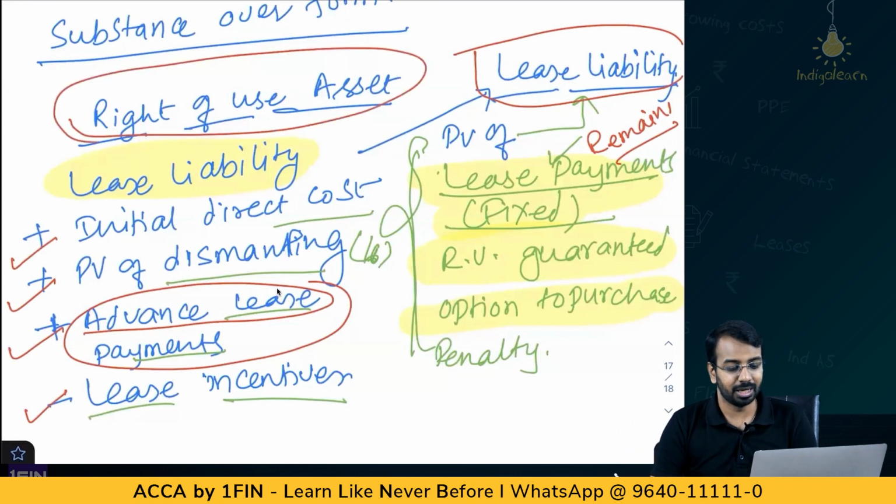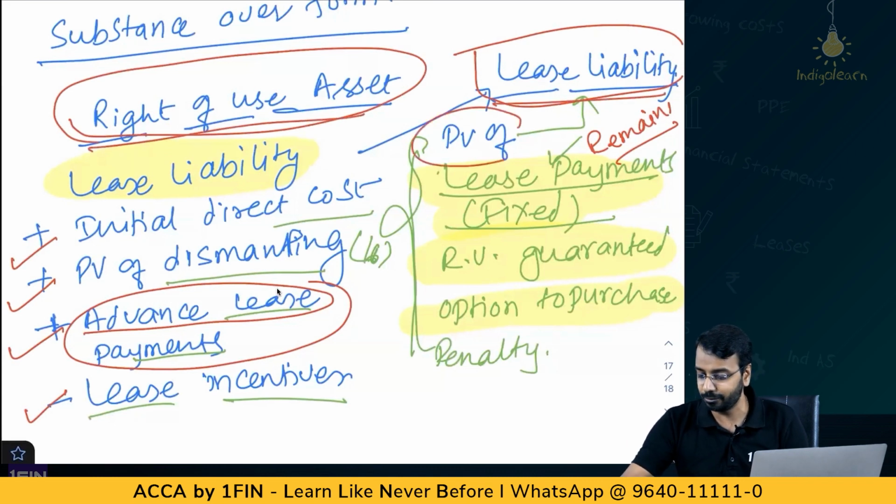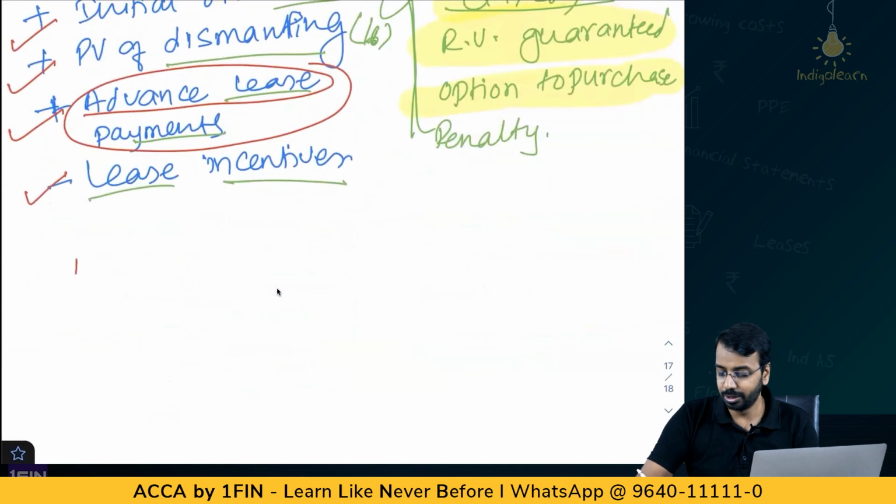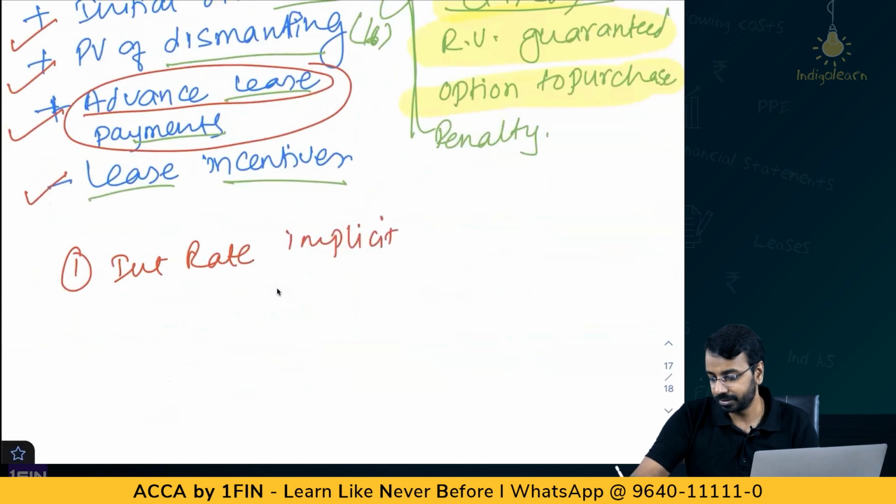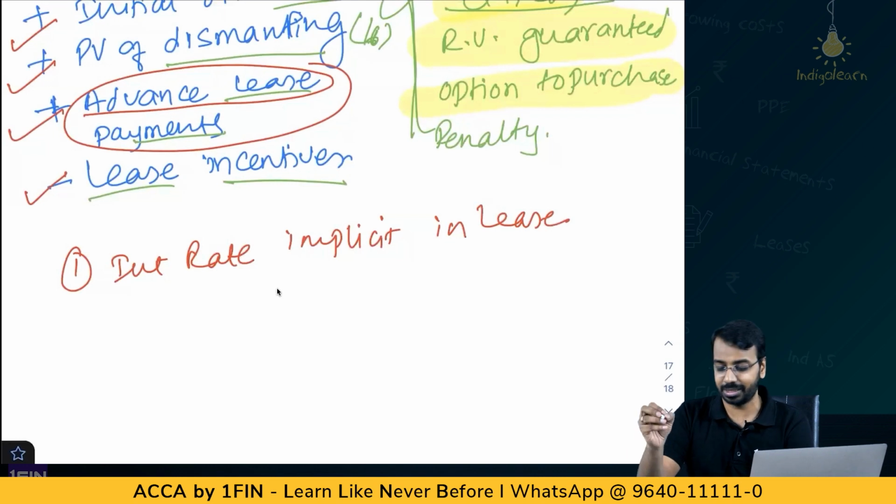So the lessee will recognize right of use asset and lease liability. This is the breakup. Now, how do we calculate this present value? You will use the interest rate implicit in the lease.